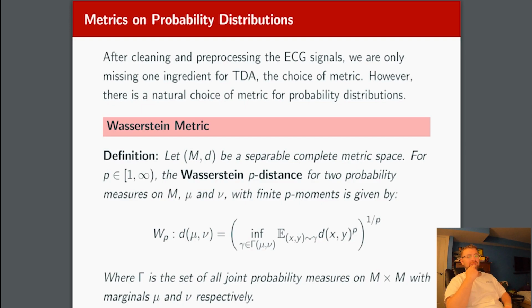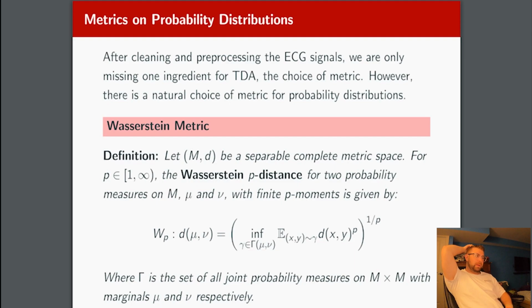This looks like a lot of functional analysis, but it simplifies nicely for our case. If I have a complete separable metric space, I think some definitions even say this needs to be a Radon space, which is equivalent. But here we're in R, so it's definitely a Radon space.